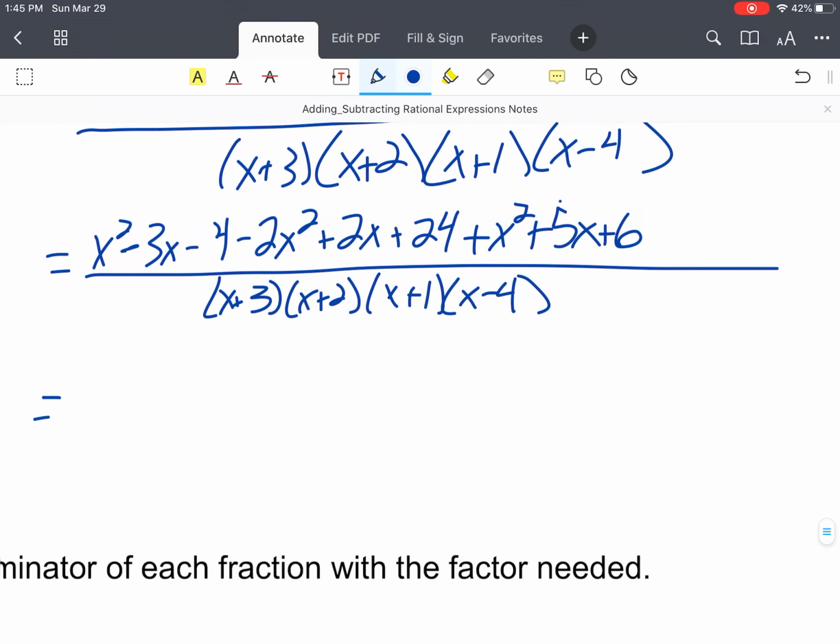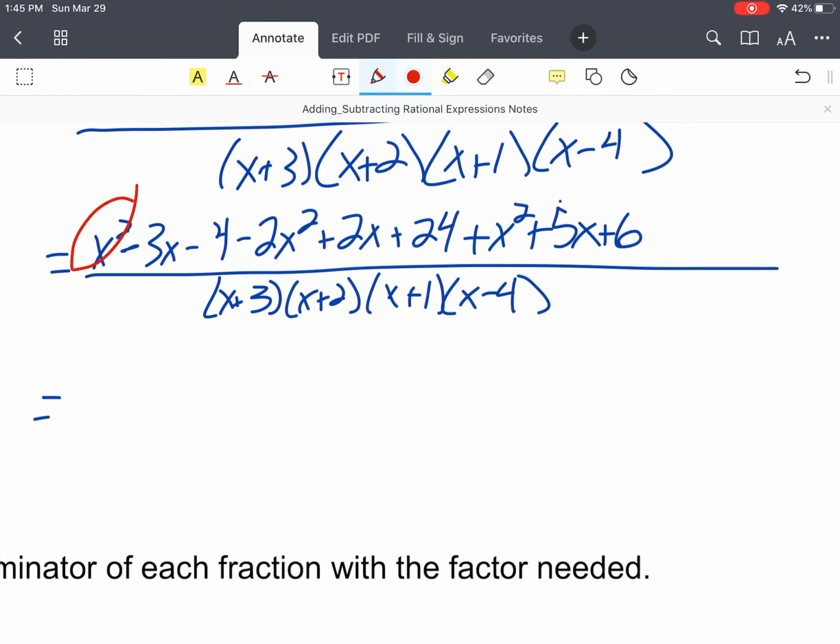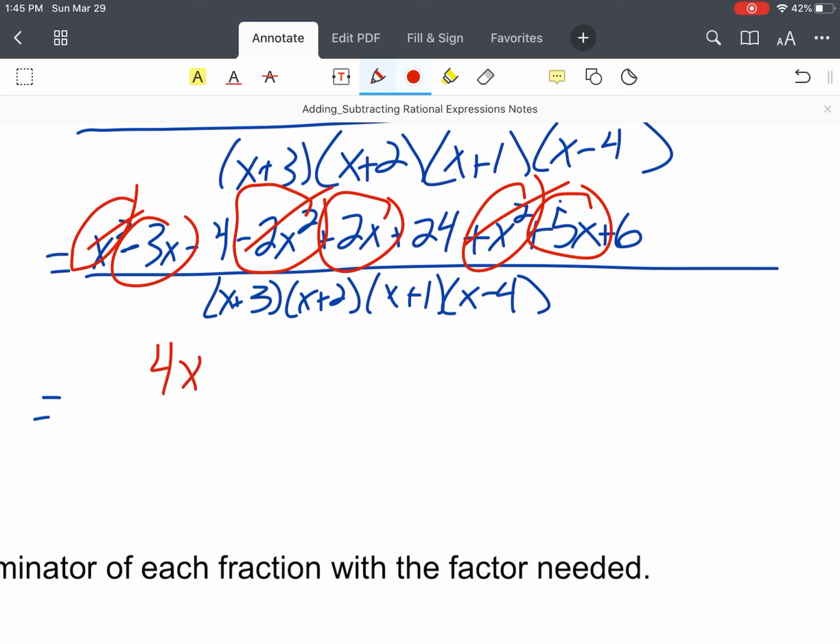Last step, I promise. Let's go through each of our individual parts. I have an x squared, a negative 2x squared, and an x squared. Those all cancel. How nice. I have a negative 3x plus a 2x, so that's negative x, plus 5x, so that's 4x.